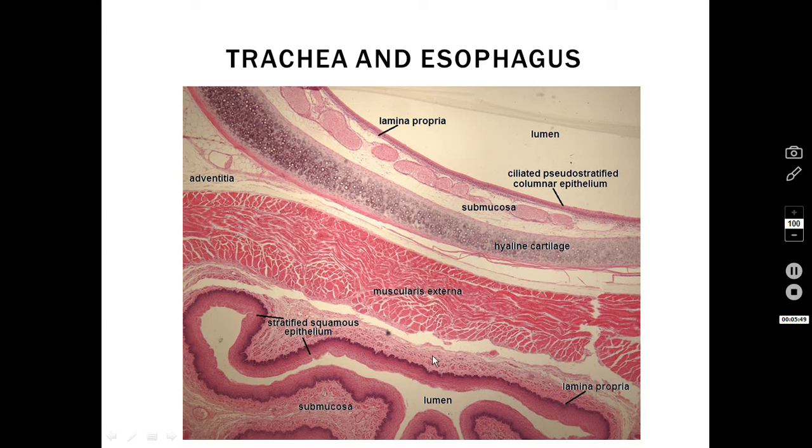Here is the connective tissue in the submucosa of the esophagus. Below the submucosa of the esophagus, we find the muscularis externa bilayer. Below the submucosa of the trachea, we find our hyaline cartilage in that C-shaped ring.